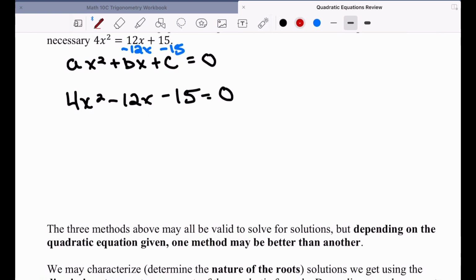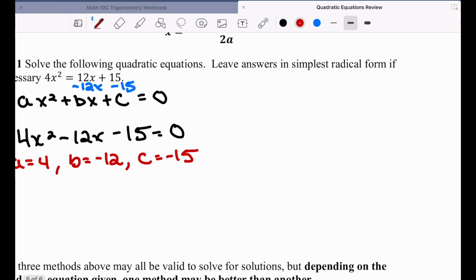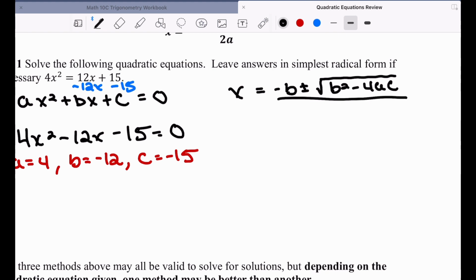Now what we have to do is label our variables, because that's going to help us plug it into the quadratic formula. A is equal to 4, B is equal to negative 12, and C is equal to negative 15. So if I plug this into my quadratic formula, the quadratic formula is x equals negative b plus or minus the square root of b squared minus 4ac, all over 2a.